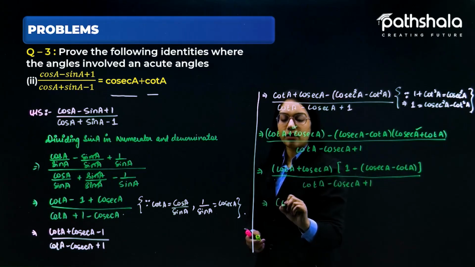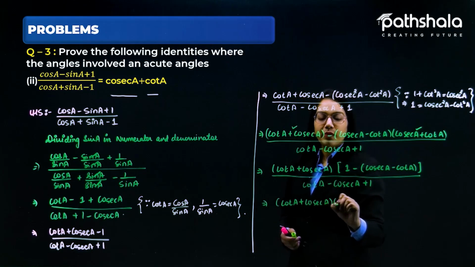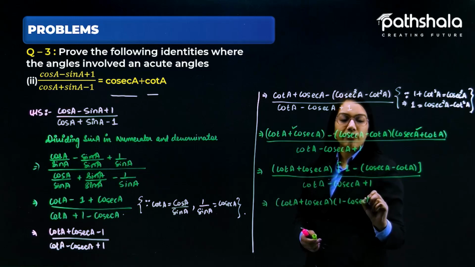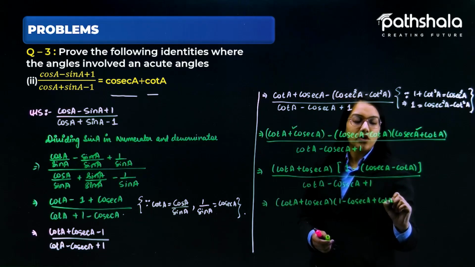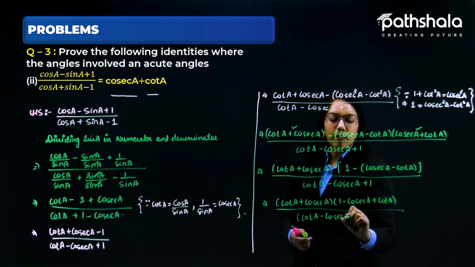So let's sort it out. This is cot A plus cosec A, 1 minus cosec A plus cot A, whole divided by cot A minus cosec A plus 1.